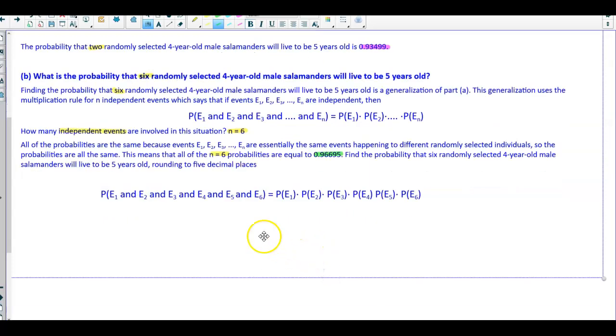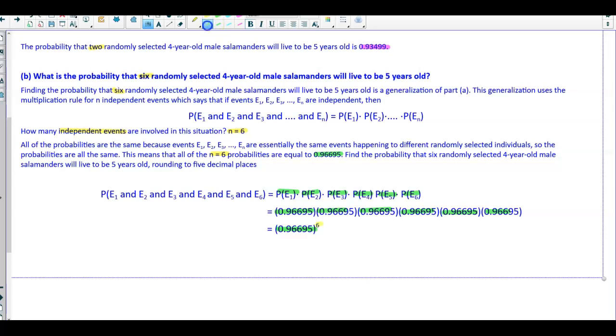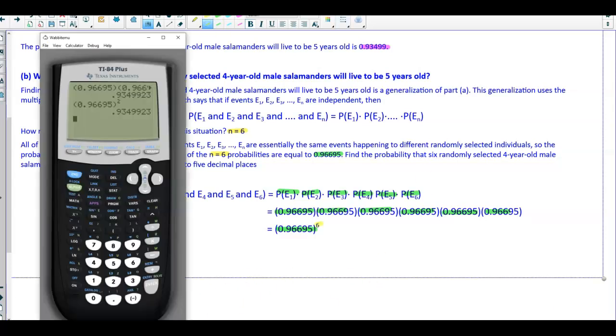So we're going to take each one of those probabilities and multiply them by each other 6 times. So we can do it like that, or we can shorten our math and say, okay, we're going to take this probability and then raise it to the 6th power. Okay, so let's go ahead and do that. We're going to take 0.96695 and raise it to the 6th power, and then we're going to round it to 5 decimals.